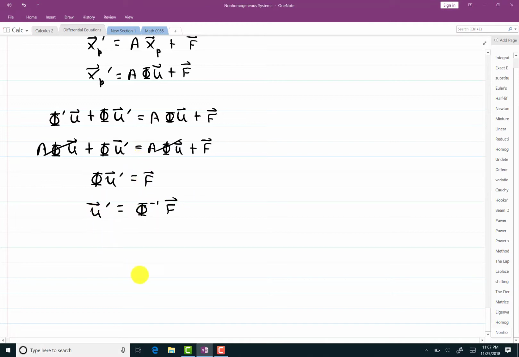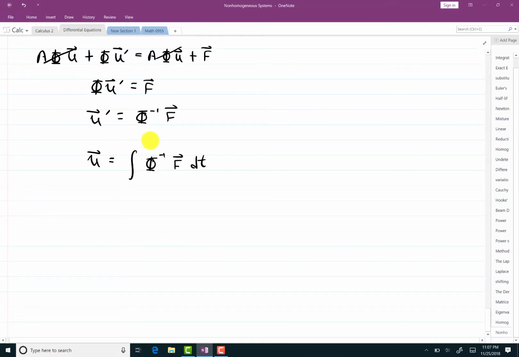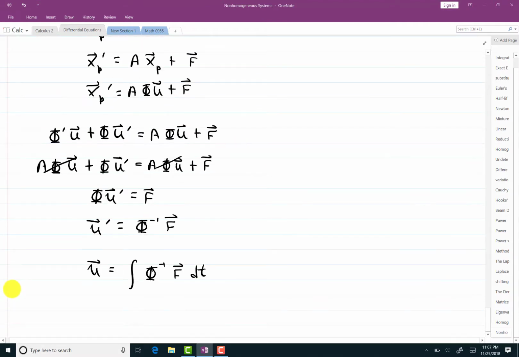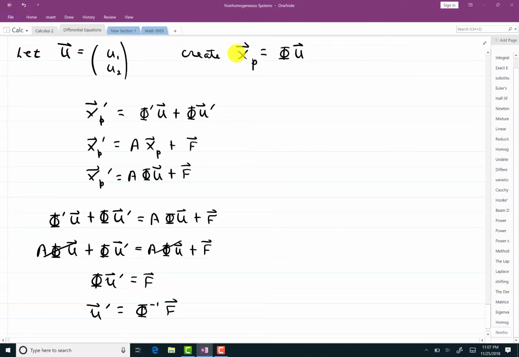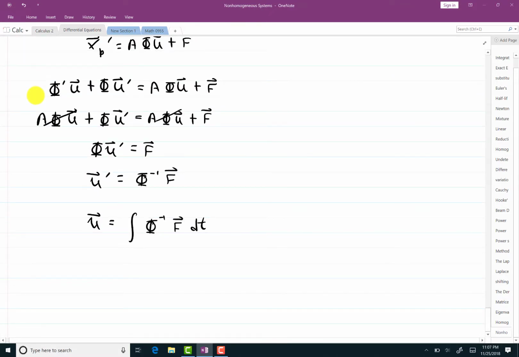So now if I'd like to get u, then just like I differentiate component by component, I can integrate component by component. And these are all possibly functions of t. Even if they're constants, they're functions of t. Now u equals phi inverse times xp.